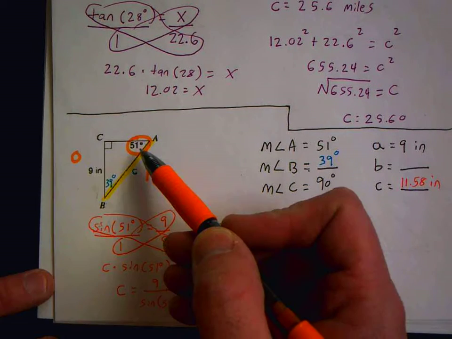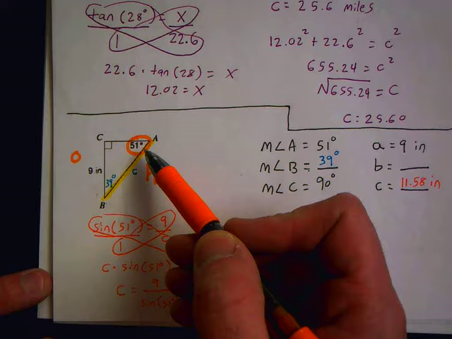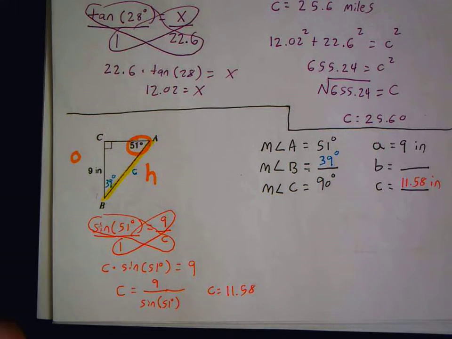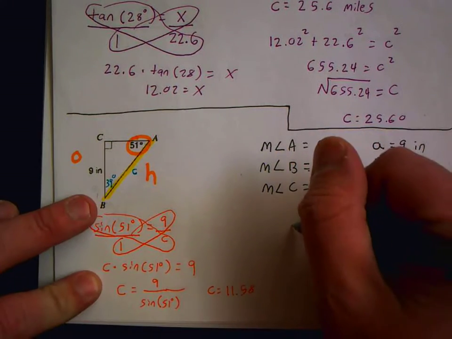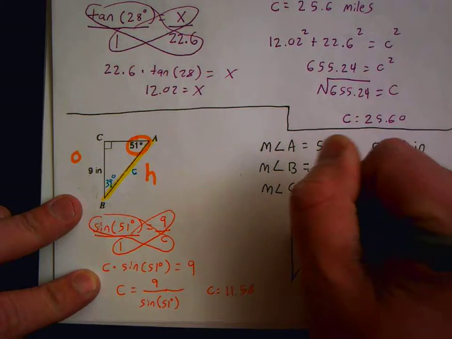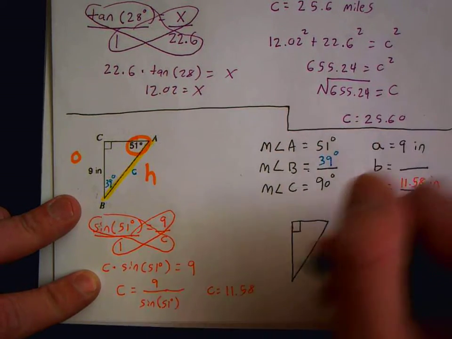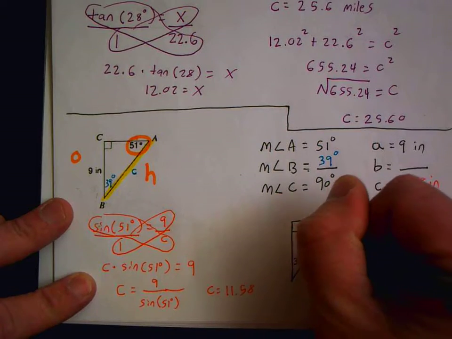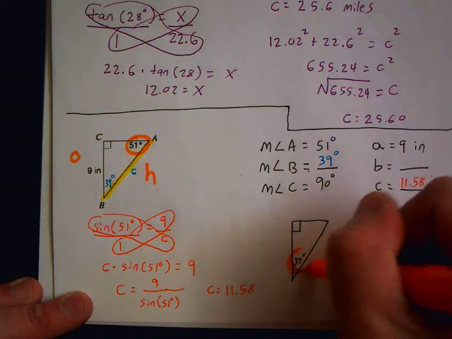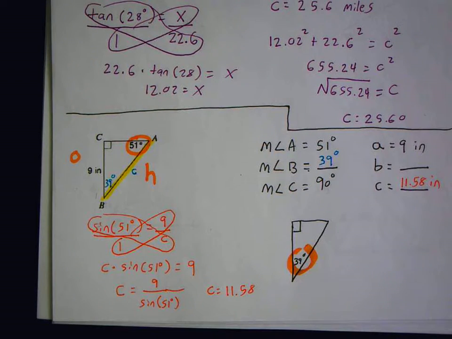Do you still want reference angle 51? Oh, she wants to change it to 39. Okay, let's see what we have here. I'm going to redraw it. So she wants to use 39 as a reference angle this time. You could have just left it as 51, but she wants to use 39, that's fine.